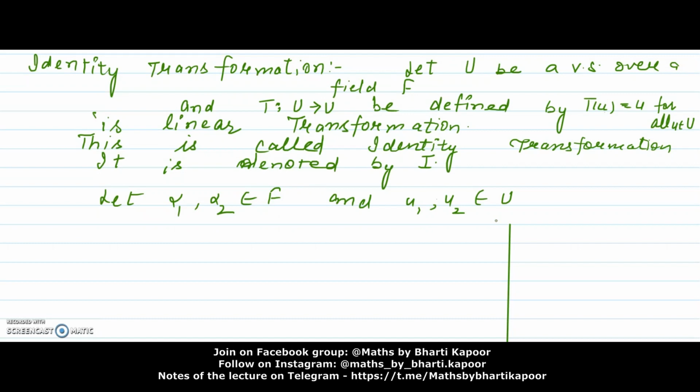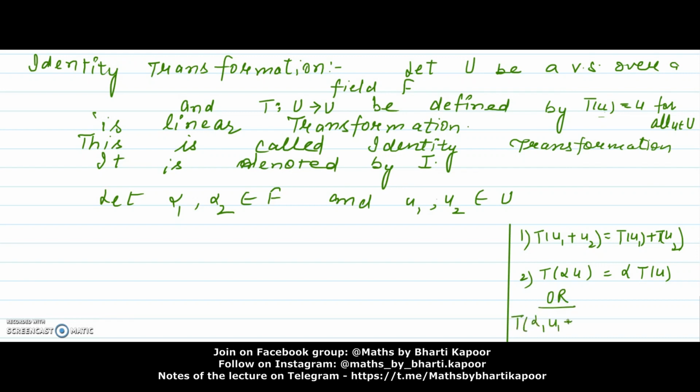Now to check whether T is a linear transformation or not, we need to check either these two properties, which are T(U1 + U2) = T(U1) + T(U2), and the second property T(alpha U) = alpha T(U), or we will check this single property, that is T(alpha 1 U1 + alpha 2 U2) = alpha 1 T(U1) + alpha 2 T(U2).